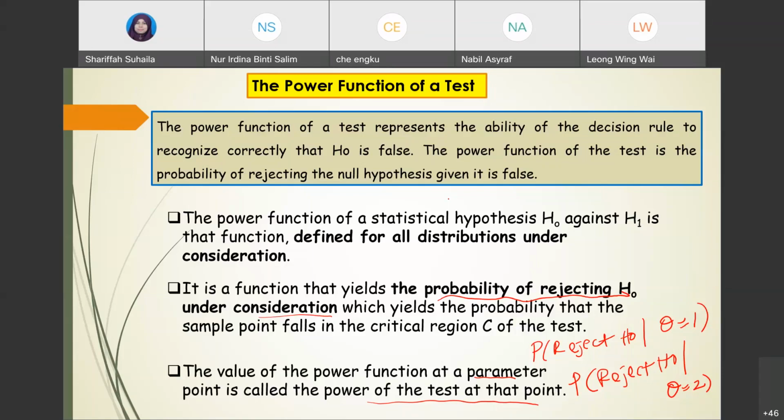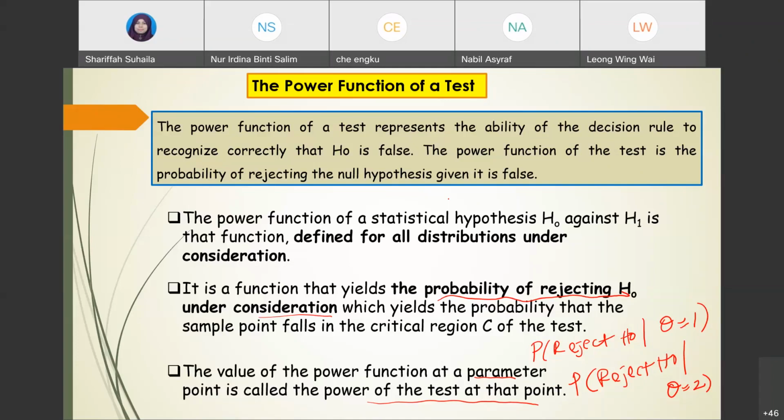So kita akan dapatkan dia punya power function of a test in terms of calculation lah. Okay, so itu probability of rejecting the null hypothesis under the parameter. Okay, so that's mean the value of the power function at a parameter point is called as the power of the test at that point ataupun at that parameter lah, sama ada at theta equals to 1 ataupun at theta equals to 2 for example.